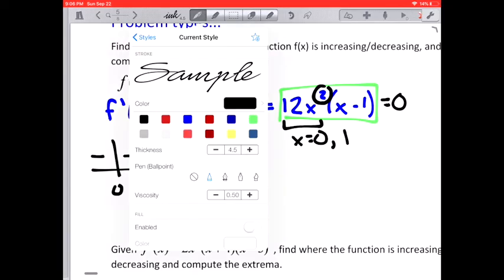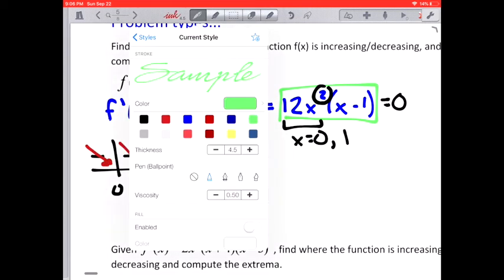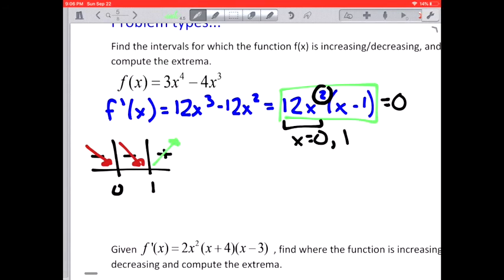So what does my function look like? It is going down, down, and then finally going back up.